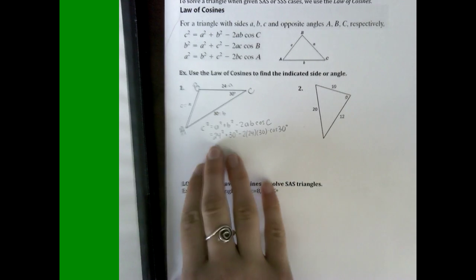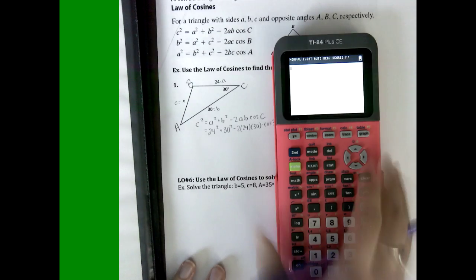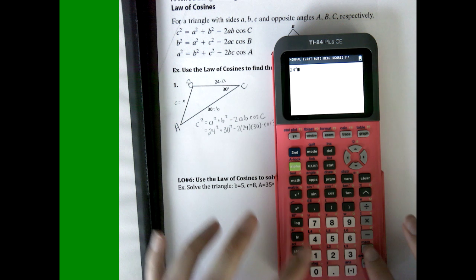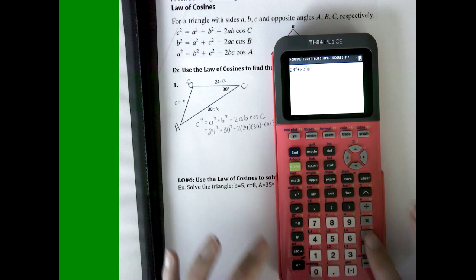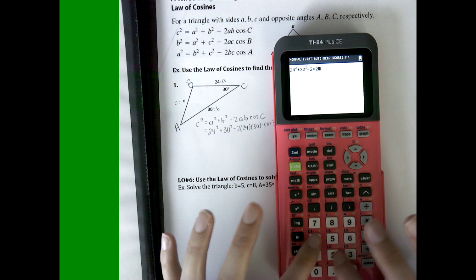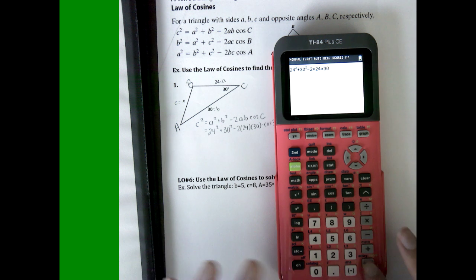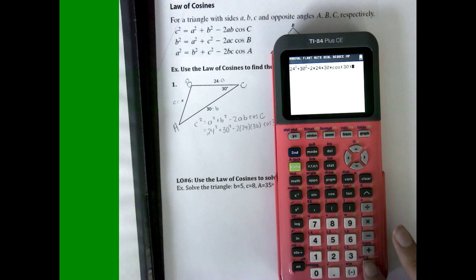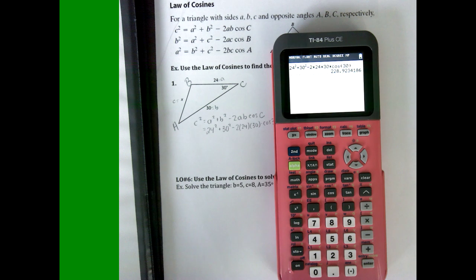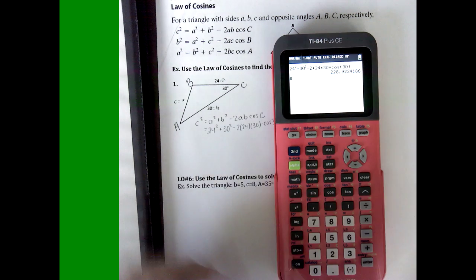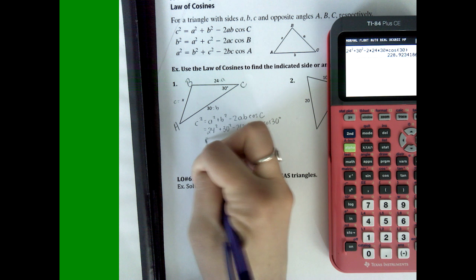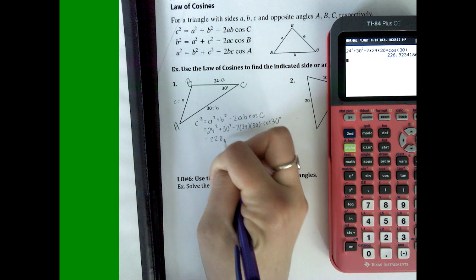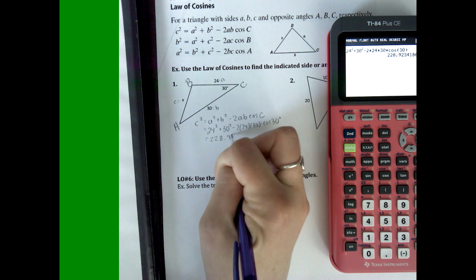What you're going to do here is just type that whole thing into the calculator. So I'm going to have 24 squared plus 30 squared. Remember, your calculator will follow the order of operations. Hit enter, and I notice I'm getting a large number. That's because this is C squared. So this is equal to approximately 228.92.